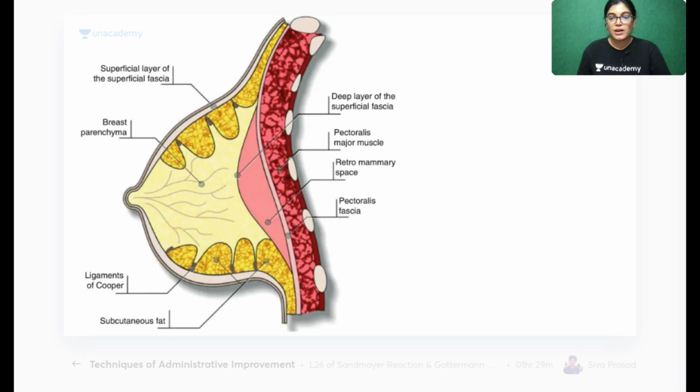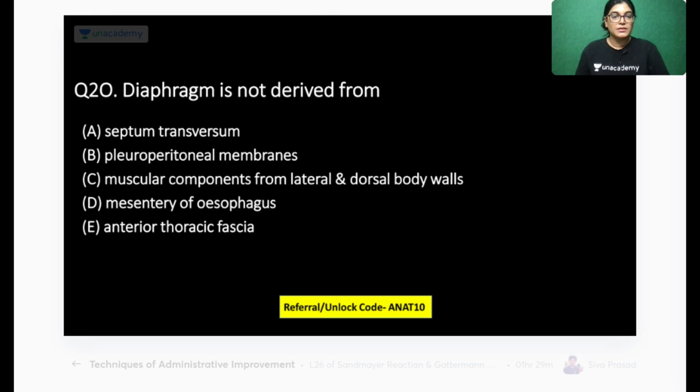All the best to everyone. Okay, so diaphragm. Diaphragm is not derived from which of the following? Septum transversum, pleuroperitoneal membrane, muscular component from the lateral and dorsal body wall, mesentery of the esophagus, or endothoracic fascia? Five options are there and you have to mark the correct answer.